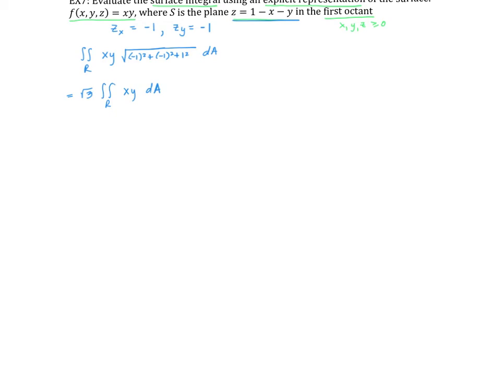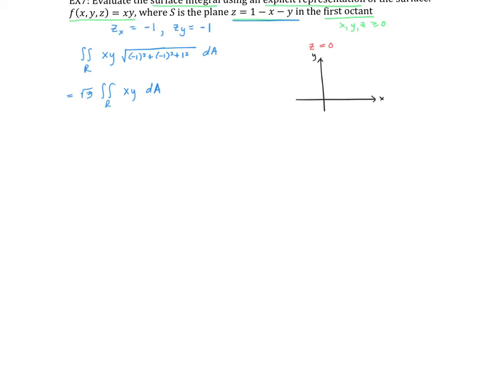But this is just going to be our usual double integral that we had previously. I have to find my limits of integration. So remember what we do. It's the plane z equal to 1 minus x minus y. I'm going to let z equal 0 and then just look at the graph in the xy plane to determine my limits of integration with respect to x and y.